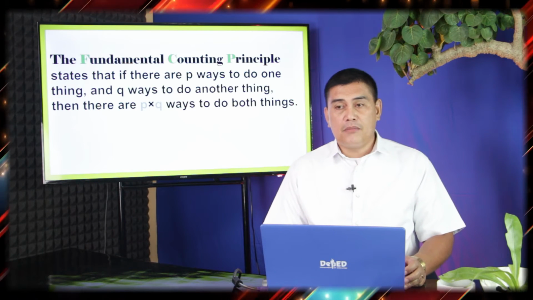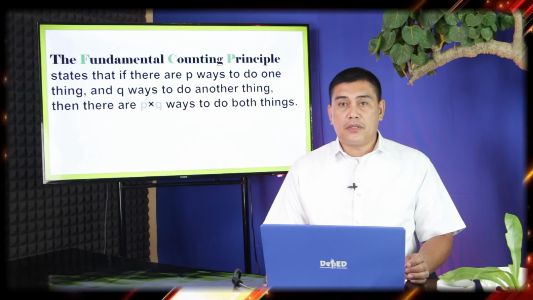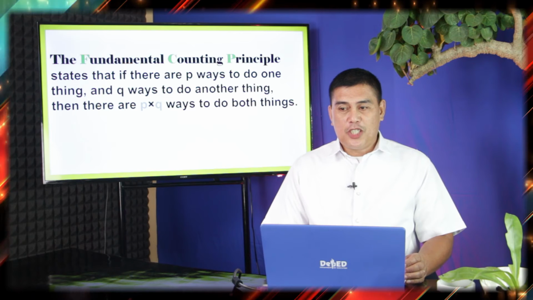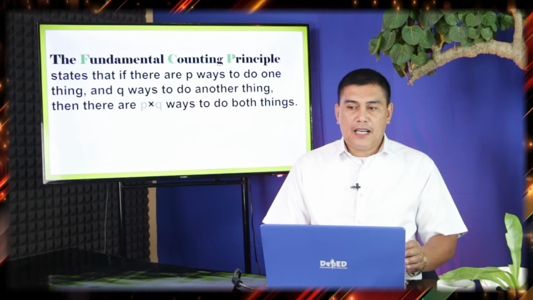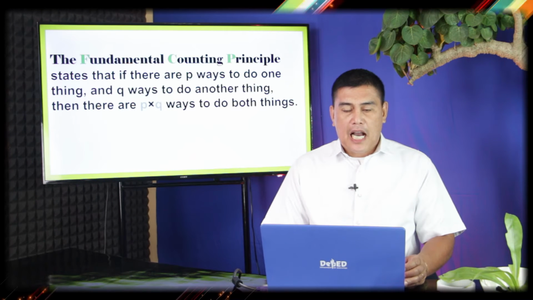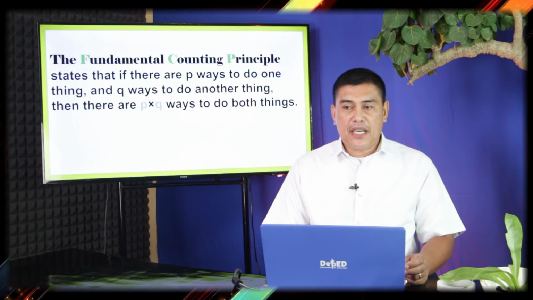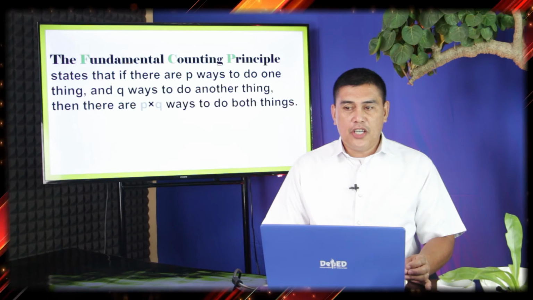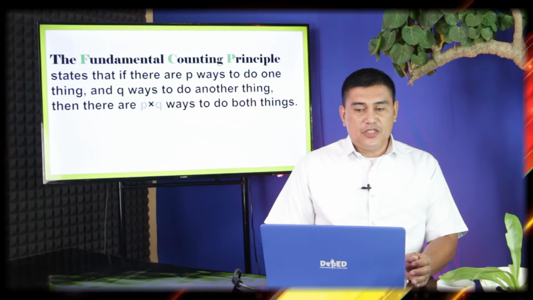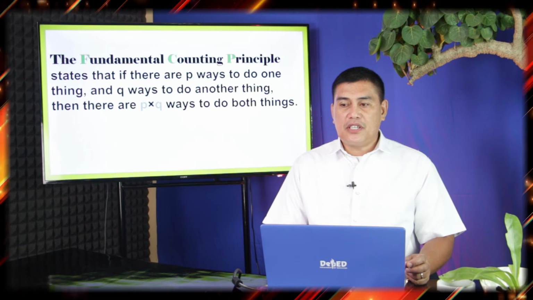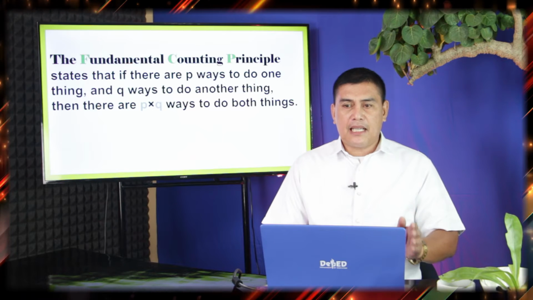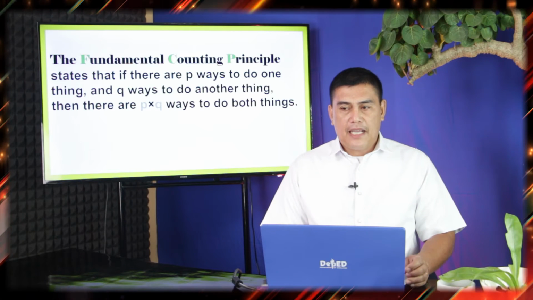Sa situation number 2, yung right position, kung ilang tao or friends ang pwedeng pumuesto doon, our P there is 3. Si Roy or si Rick or si Jack. Sa Q natin doon is either sa dalawa na lang kasi yung may lagay man talaga tayo sa right side.